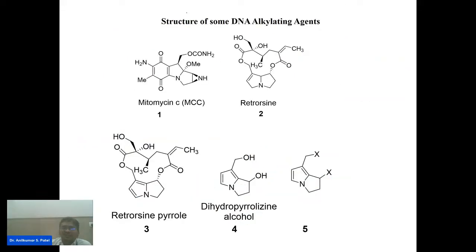Now we are moving ahead to the structures of some other DNA alkylating agents similar to the nitrogen mustard derivatives. Our first is mitomycin C, which already has anti-cancer activity. I am going to focus here on compound number 4 and compound number 5.